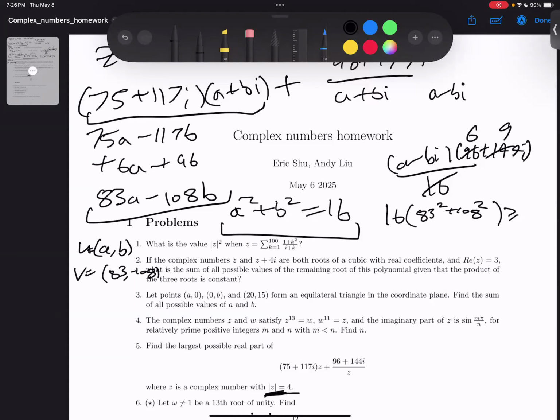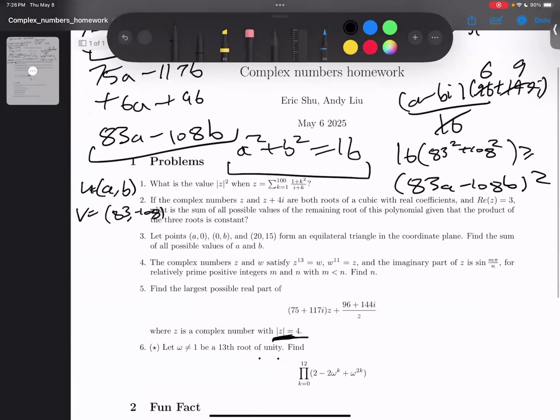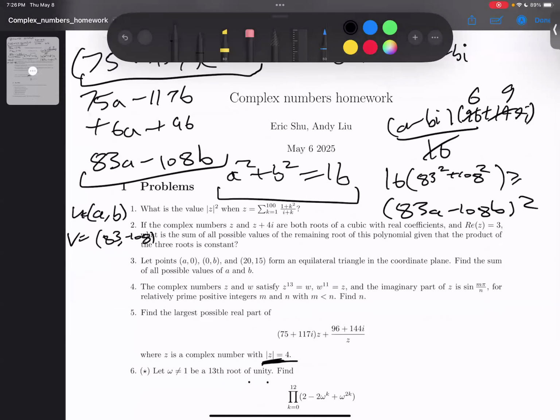Wait, do you want the maximum? Yeah, okay, so this works. And we can just have our value 83a minus 108b squared. And this would, wait. Are you sure? Because this is going to be even.